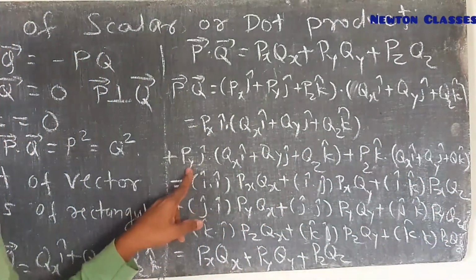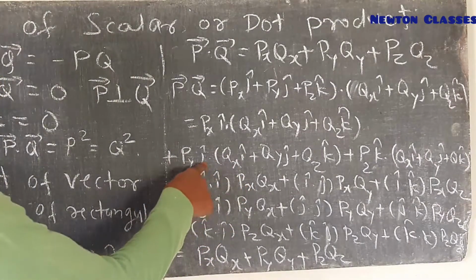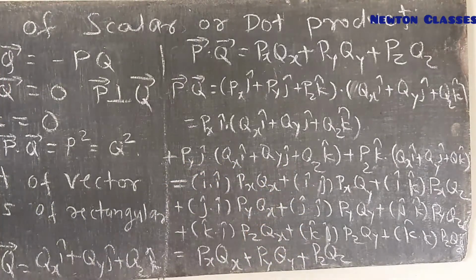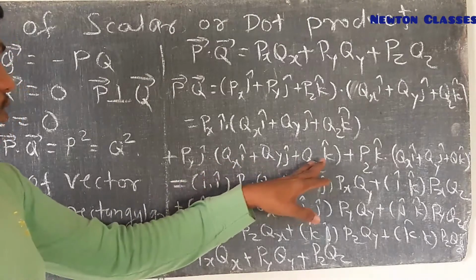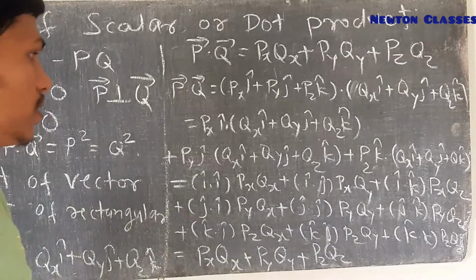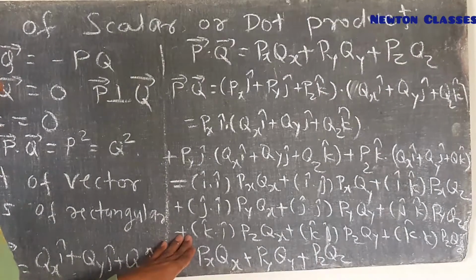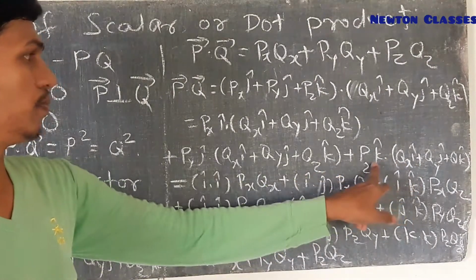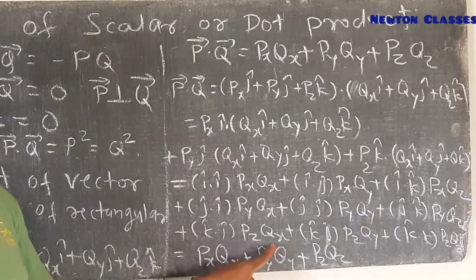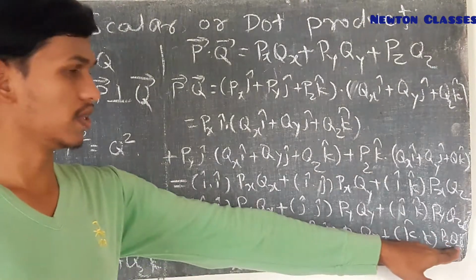Plus in the second term, j dot i into py qx, then j dot j into py qy, then j dot k into py qz. In the third term, k dot i into pz qx, plus next k dot j pz qy, plus k dot k pz qz.